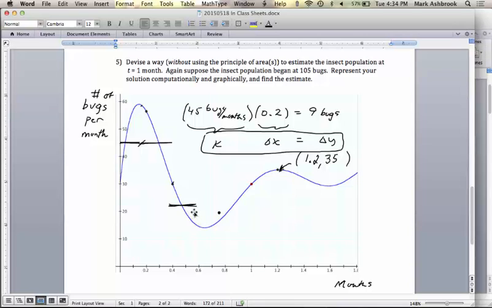Or maybe something lower than that, maybe 15. This is not an exact science. You could all have something different. Every one of you could have a different approach or different constant rates, and they all could be correct because we're making an estimate. And then from 0.8 to 1, right here maybe at 20.